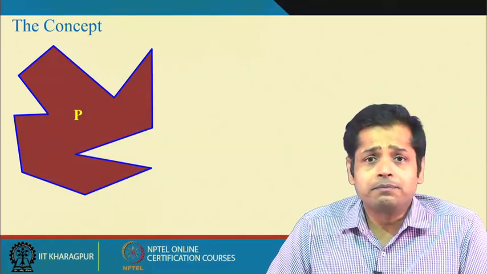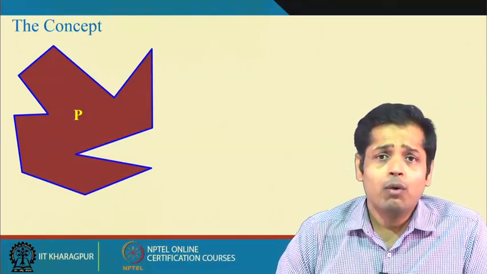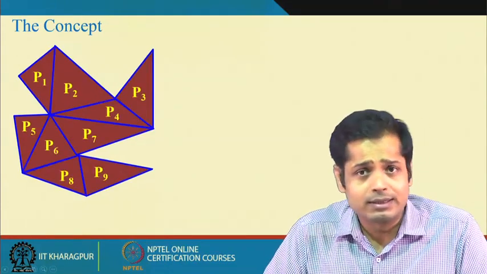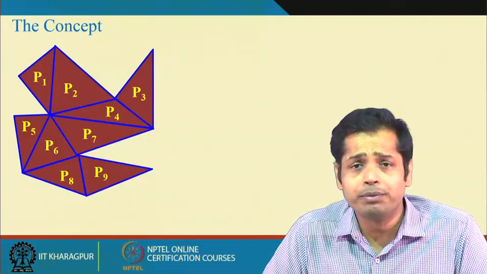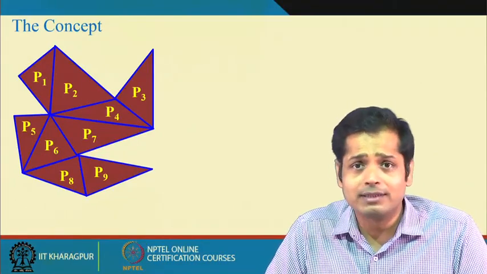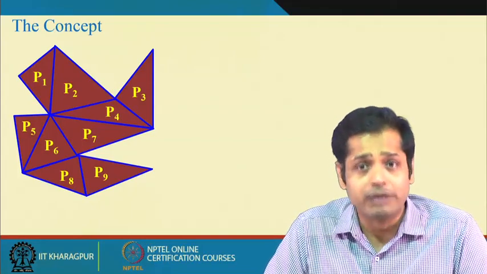What we can do is divide the entire area into small triangles, say triangles P1, P2, P3, P4. Now, we know how to determine the area of a triangle. It's a closed form expression we have.